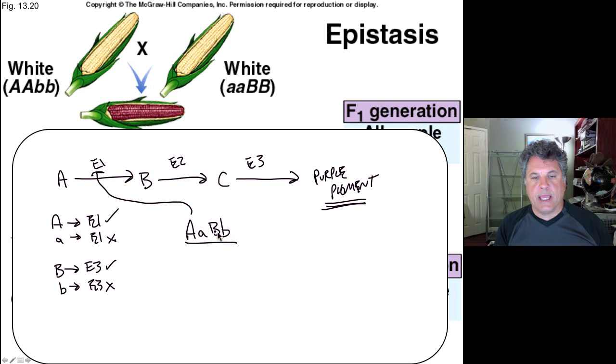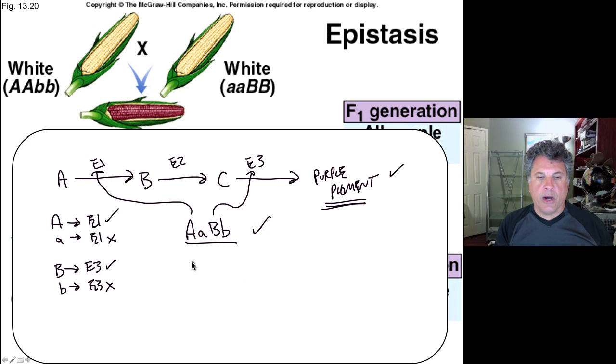And likewise, at the B gene, we have the big B allele producing functional enzyme 3. And even though the little b allele is not producing functional enzyme 3, there's enough enzyme 3 around produced by the big B allele such that the last step in this biochemical pathway proceeds with efficiency. And we get purple pigment.